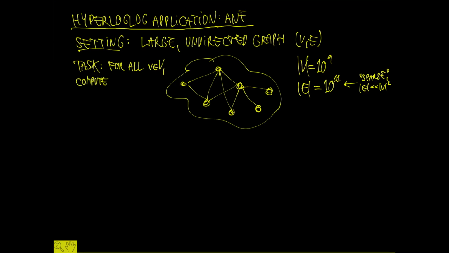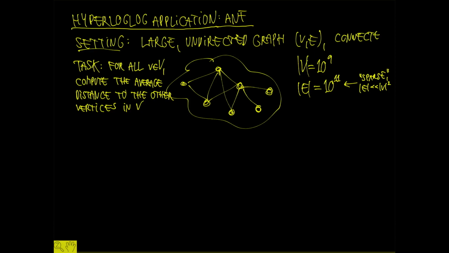What we want to do is to compute for every vertex v the average shortest distance to all other vertices in V. If you like, the distance distribution of every vertex. This only makes sense if it's a connected graph, so let's assume that.